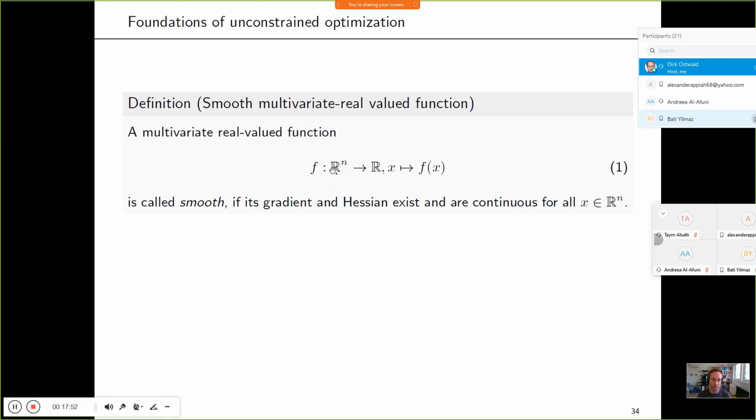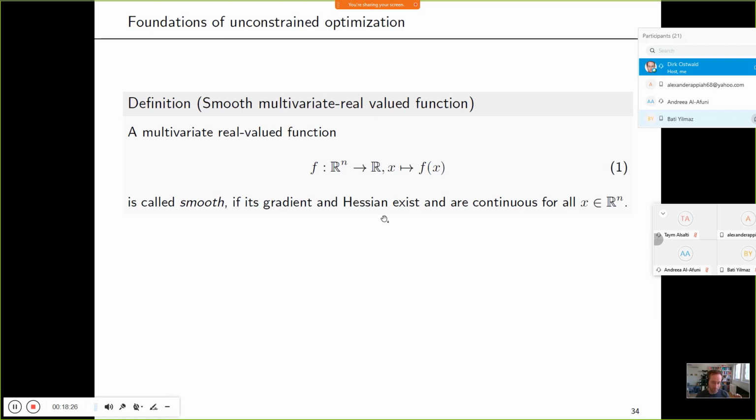So we are looking here at a multivariate real-valued function that takes an n-dimensional vector, often the parameters of some statistical model, and returns a single real value, which, for example, could be an error summary that you get when comparing the current parameters and the data, and then evaluating the overall error.